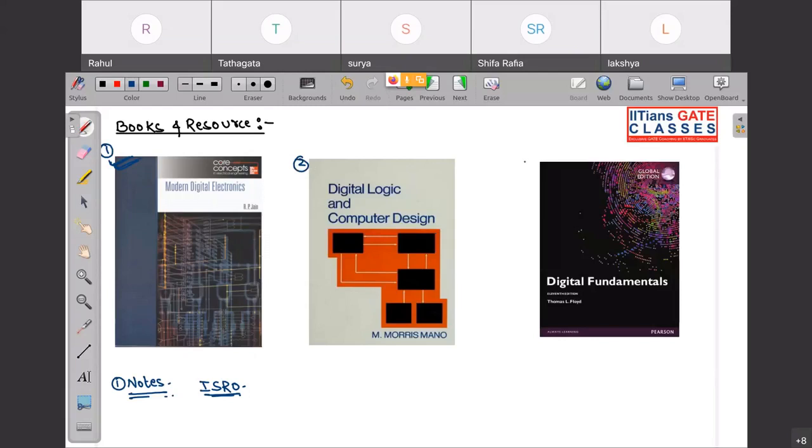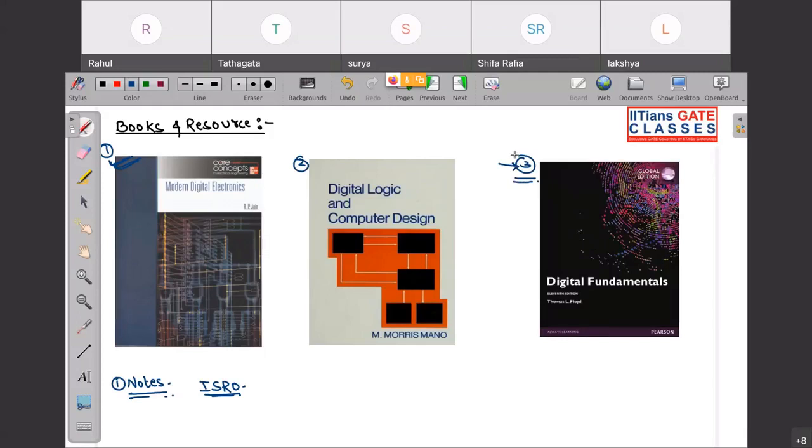And this is a new book, so you can get a lot of recent information about what is going on in the digital field. This book is helpful if you want to pursue your masters in this digital field, VLSI or microelectronics. It will be very helpful because it has a lot of examples related to real life or recent problems.